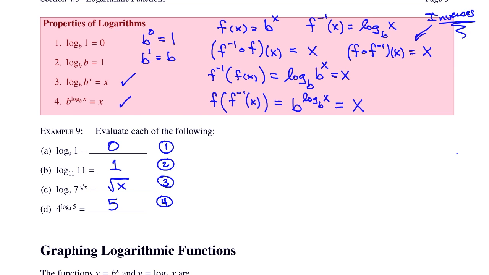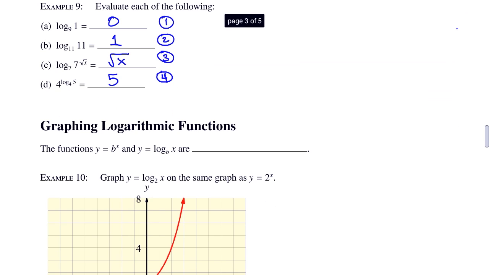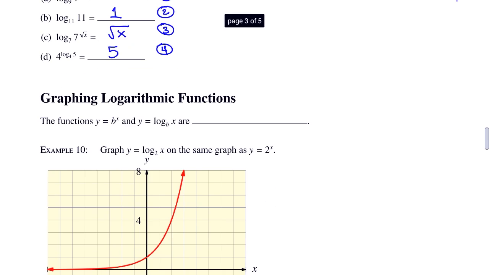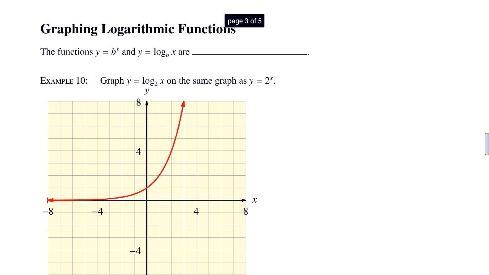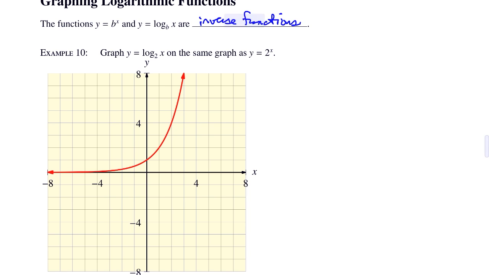All right, let's look at the graphs of logarithm functions. So first, the functions y is equal to b to the x and y equal to log base b of x are inverse functions. Let's look at the graph.